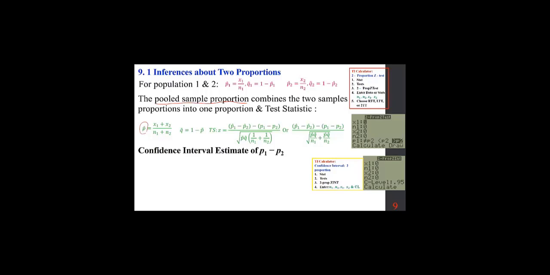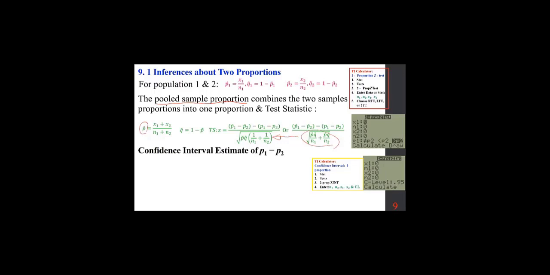If we factor out p bar q bar from the first one, we get the second one. In other words, these two are identical. So p bar q bar over n1 plus p bar q bar over n2 is the same as p bar q bar times 1 over n1 plus 1 over n2. Depending on the text, if you come across one or the other, you don't want to get confused.